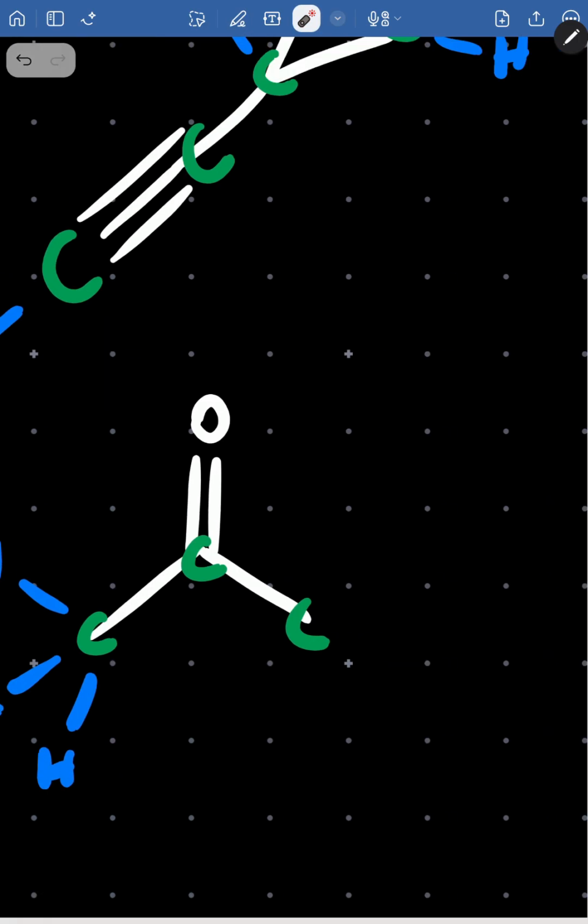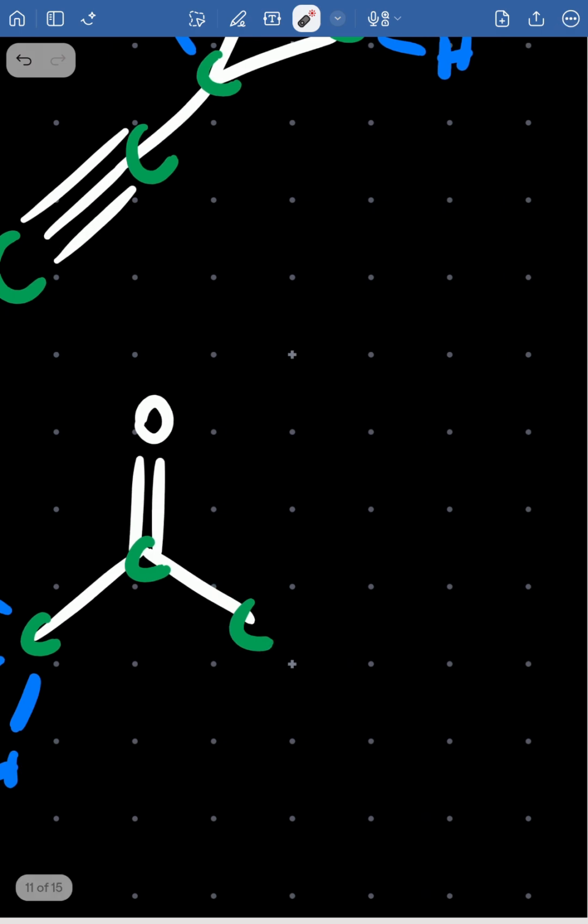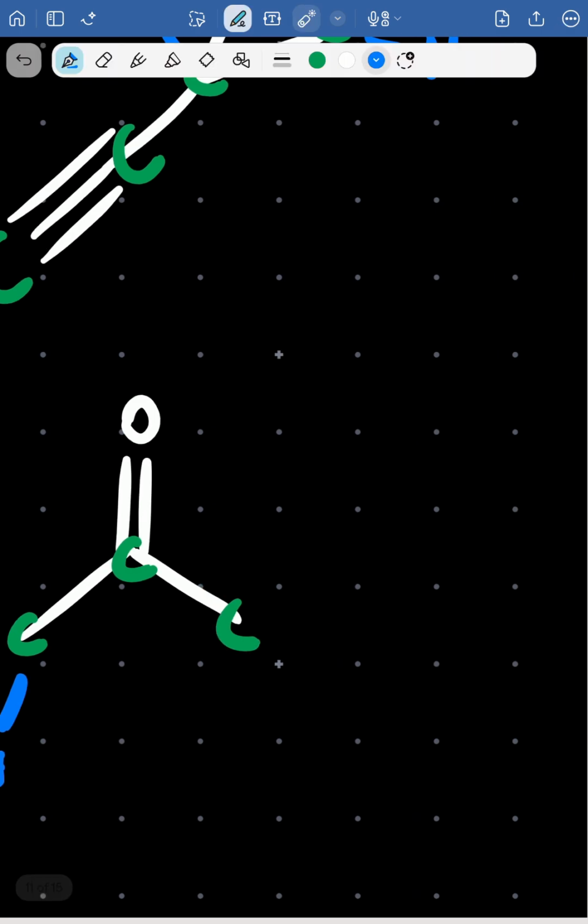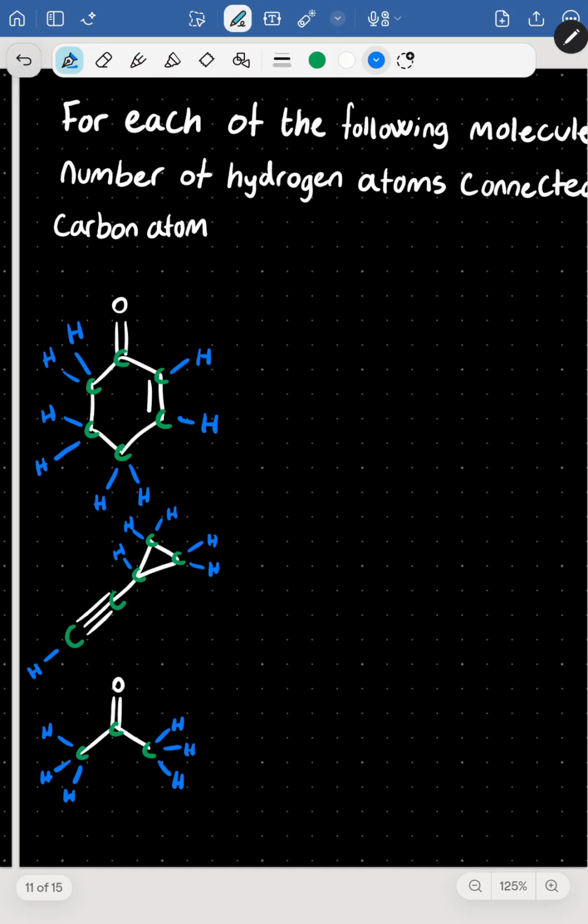And what's your guess on this one? That's right, there's no hydrogen available for that compound since it already has 4 bonds. What about this one? Yeah, that's right. It has 3 hydrogens. And that's pretty much it.